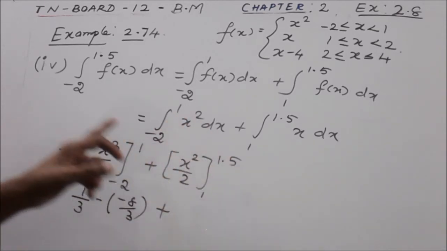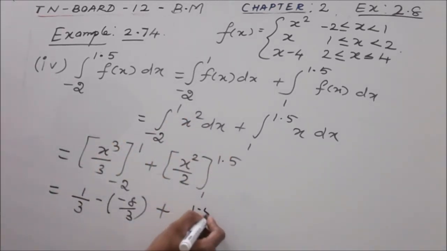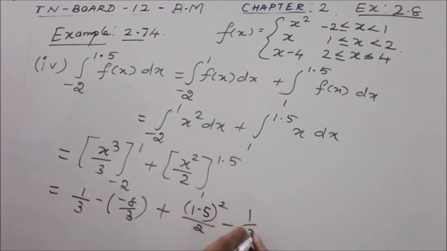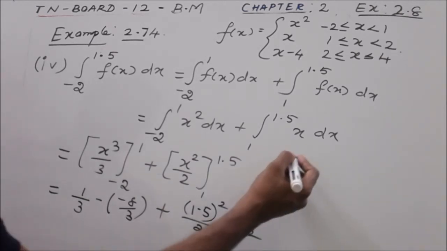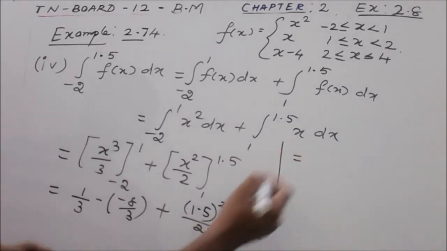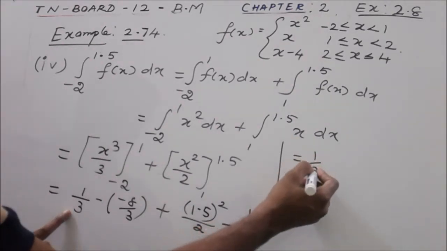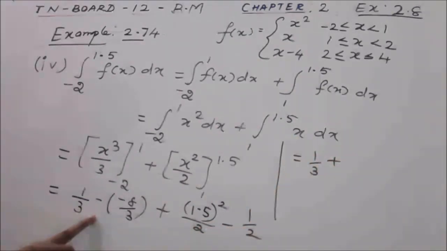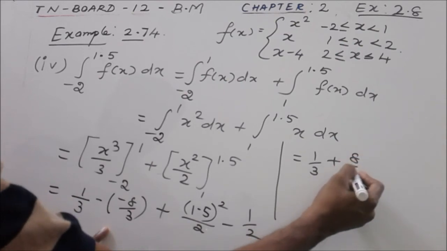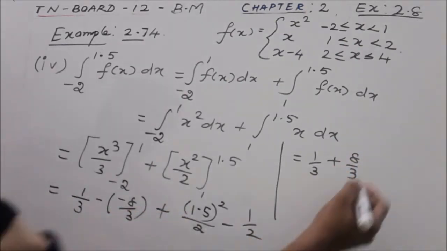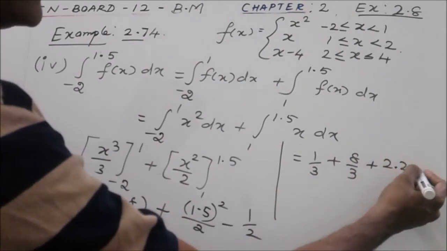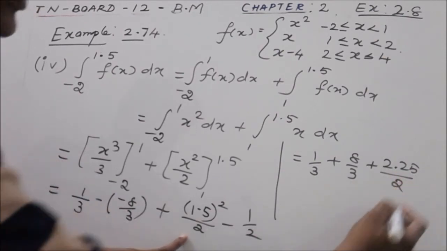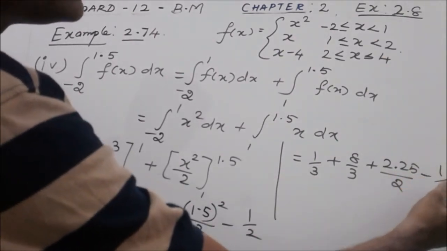Substituting the upper limit 1.5 first, 1.5 square divided by 2 minus 1 by 2. 1.5 square is 1.5 into 1.5, 2.25, so 2.25 by 2 minus 1 by 2.